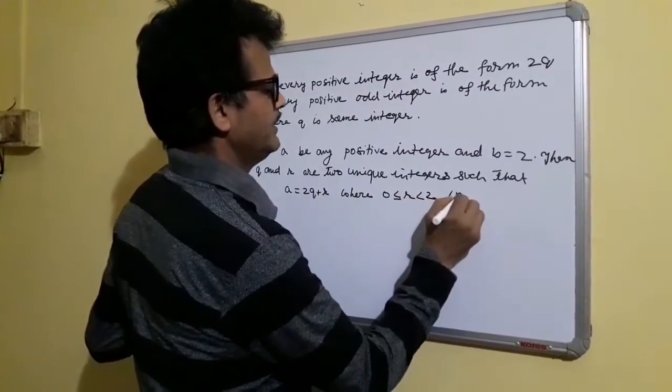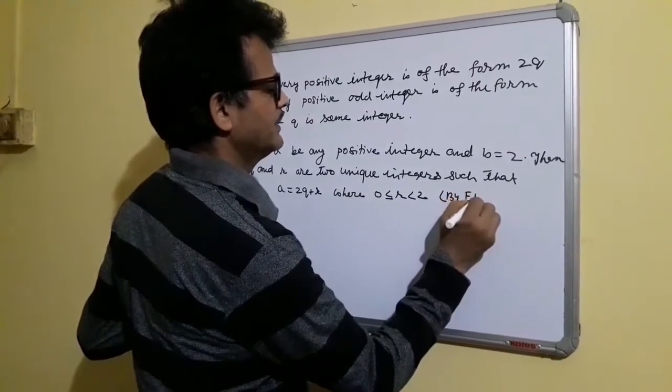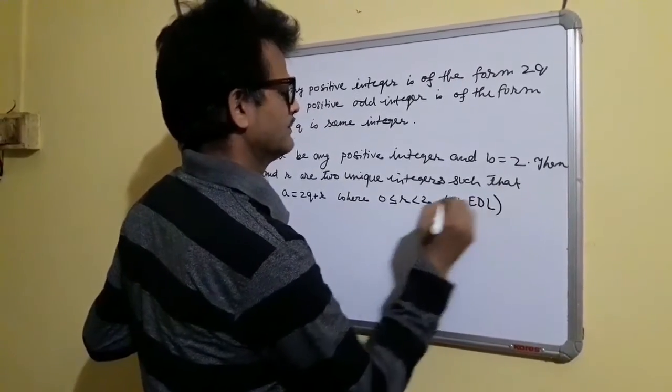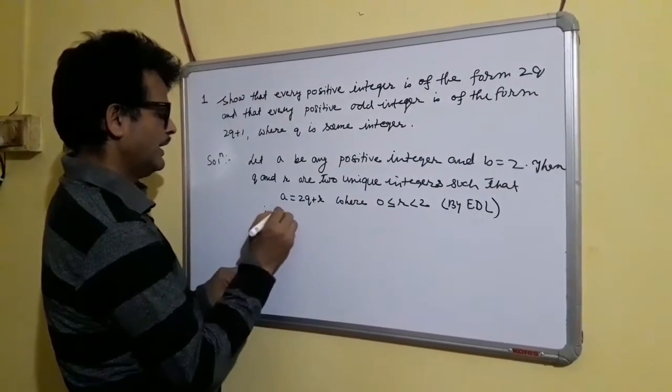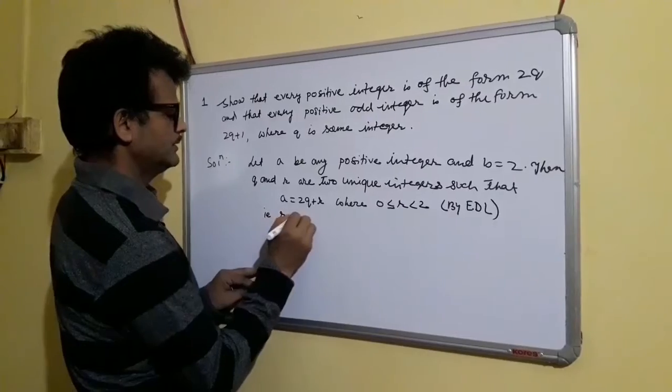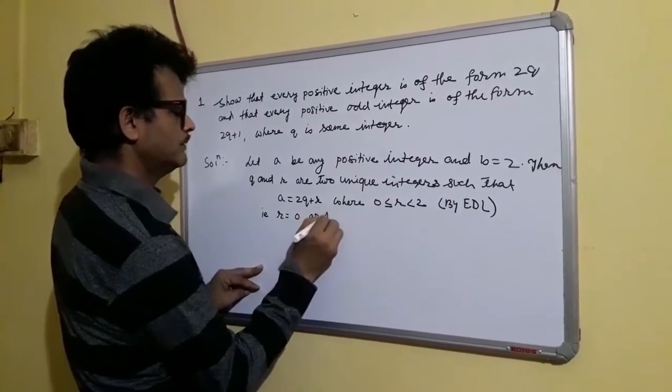So this is by Euclid's division lemma. Now what are the values of r? That is, r is equal to 0 or 1.